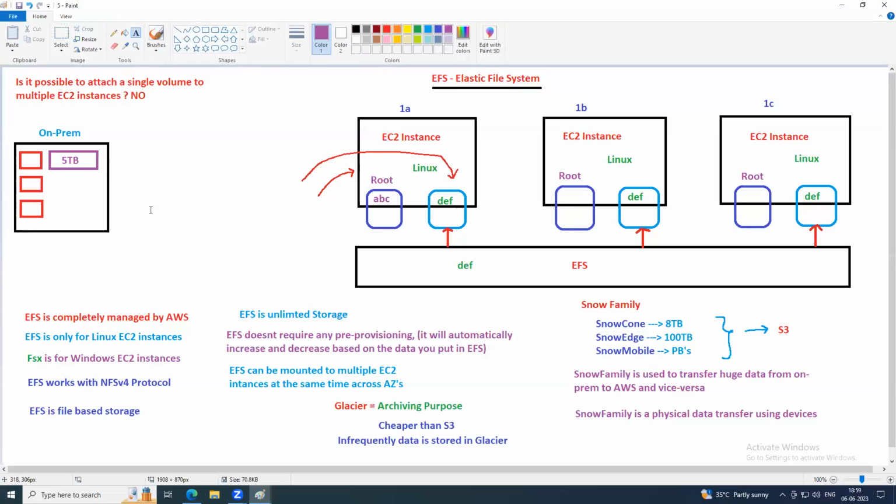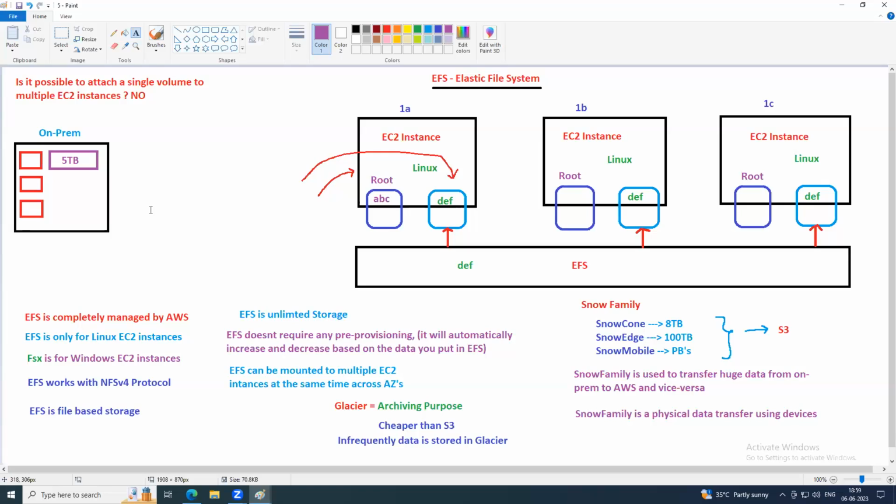For now it might be sufficient. Maybe after 6 months you need more, after 1 year you need more and more. So in your on-premises there is a requirement of having more and more storage. Your company will have to invest to purchase new storage. If at all they want it, they need to pay so much money.